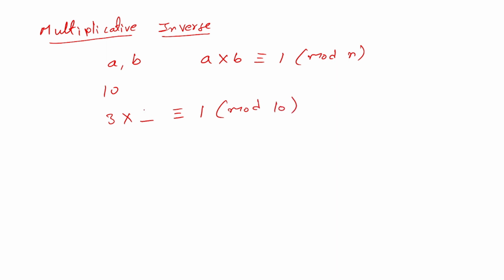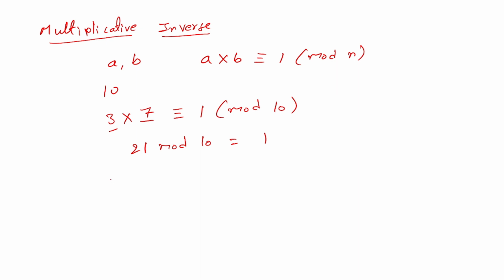So which value can we write? 3 into 7, 21. 21 mod 10 is equal to 1. That means 7 is multiplicative inverse to 3 and 3 is multiplicative inverse to 7. 3 and 7 both are multiplicative inverses to each other.